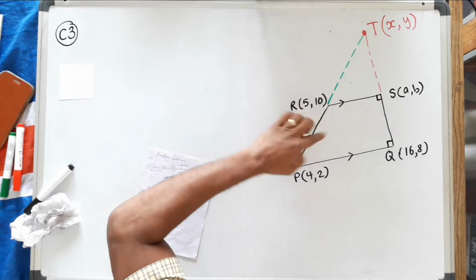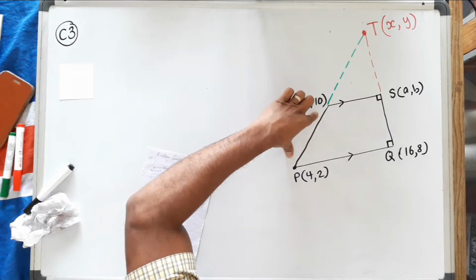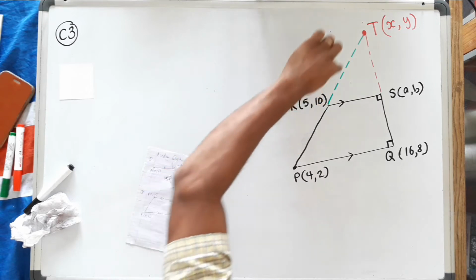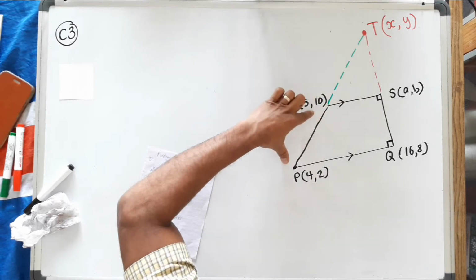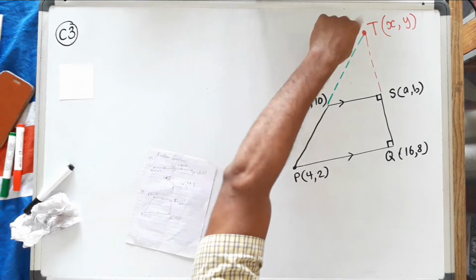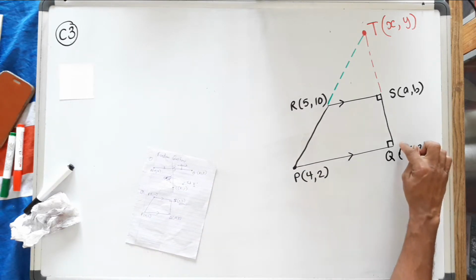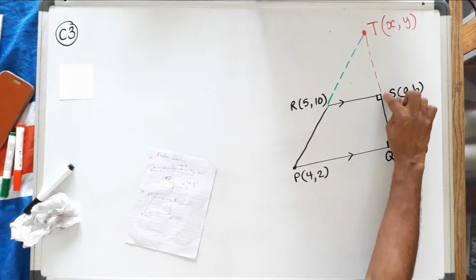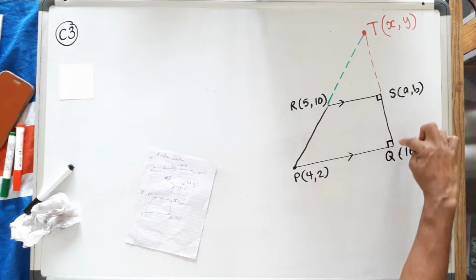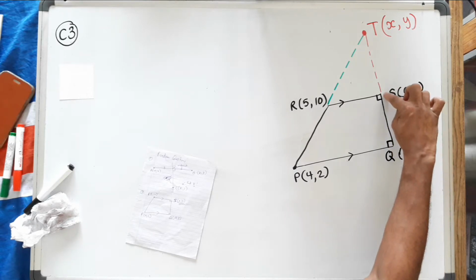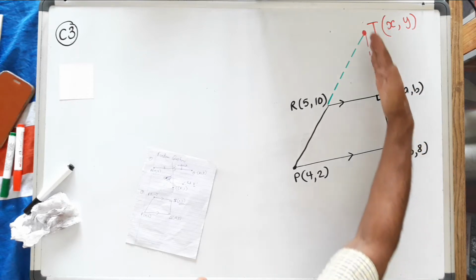Once we find the equation of this line, it's automatically the equation of the entire line, because this is just a part of the bigger line.